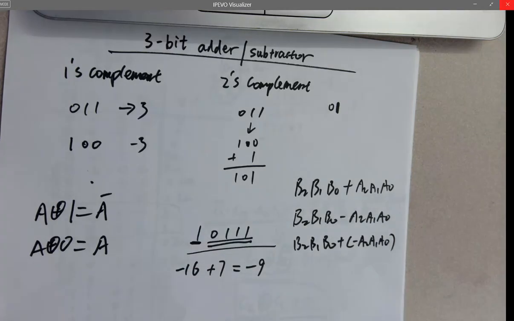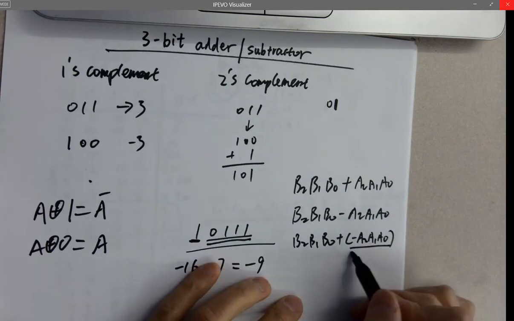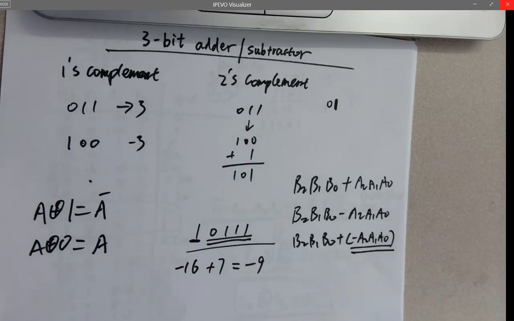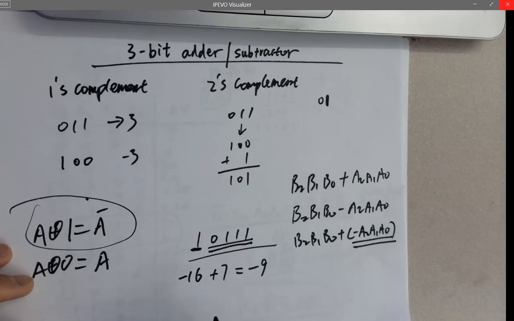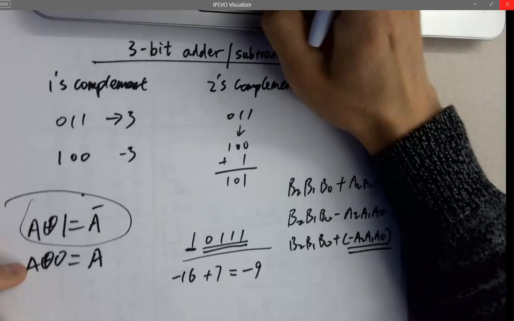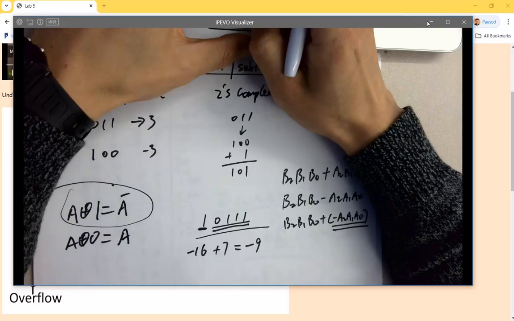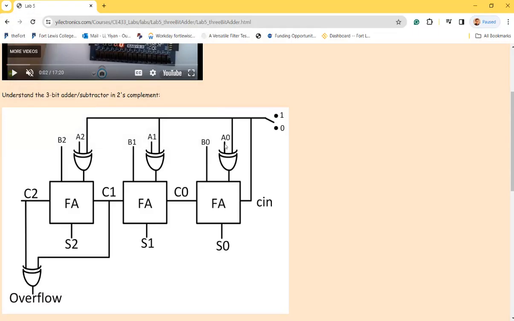So if you want to get the negative number of the A's, follow the 2's complement rule. You flip every single bit and add a 1 to it. This is how you flip it: you XOR with the 1, you got a switch.